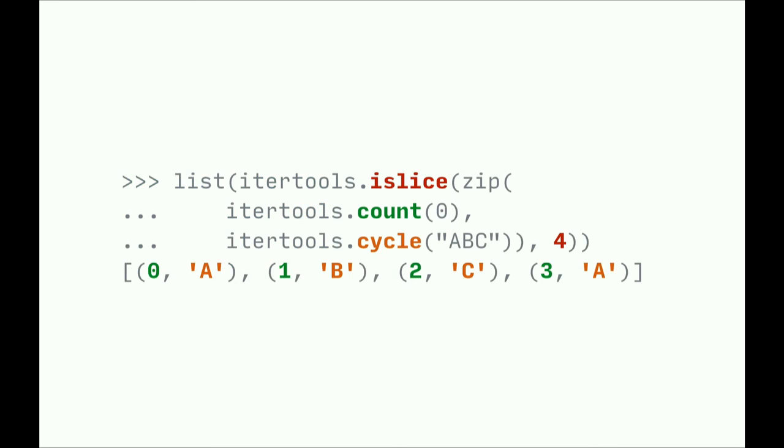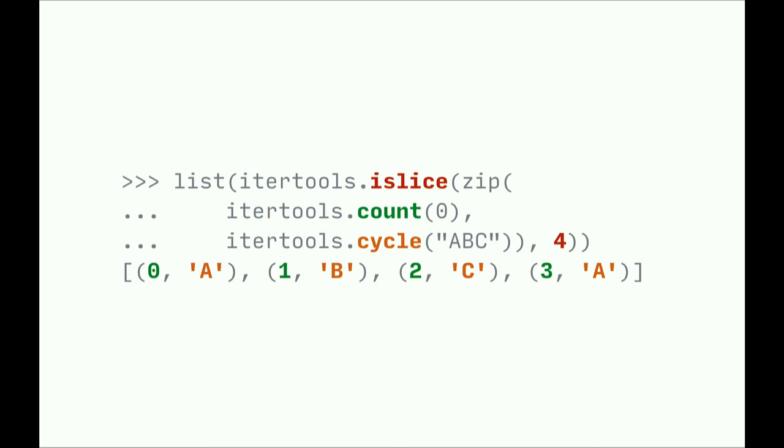A couple of the other ones in there: islice, which we can pass a value, and it will slice an iterator down to that length. It's kind of like the slice operator with lists or tuples. Count, which we just saw there, and then cycle, which is reasonably interesting. So cycle will repeat the values in the iterator passed to it.